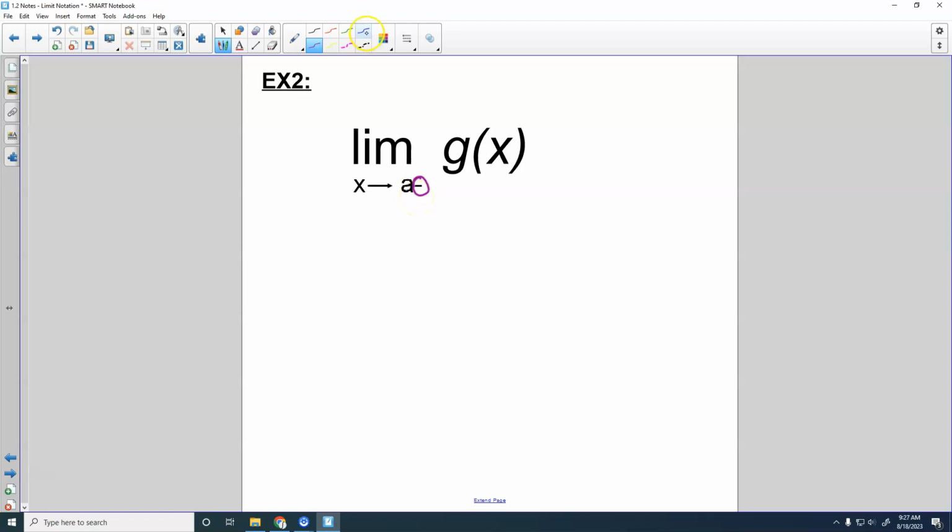So for this one, we would say the limit of g of x as x approaches a from the left.